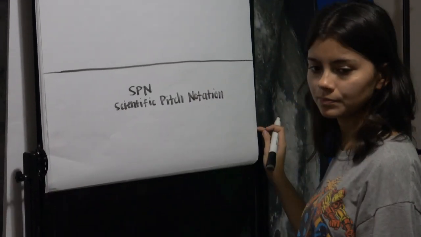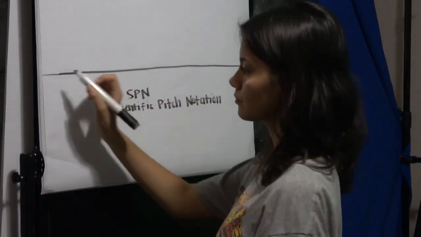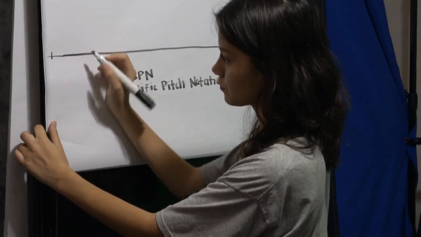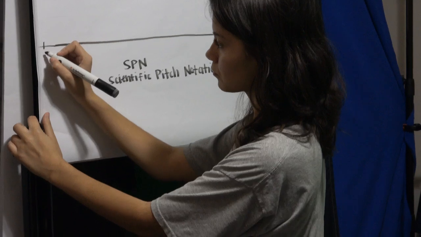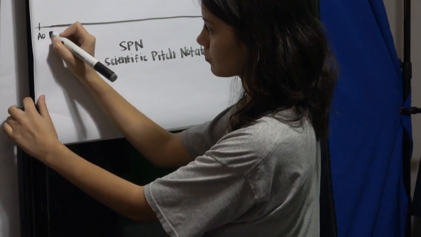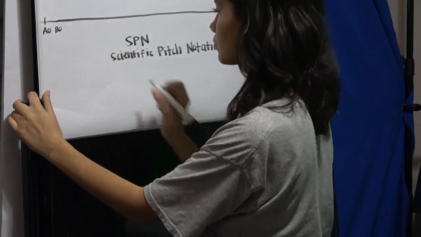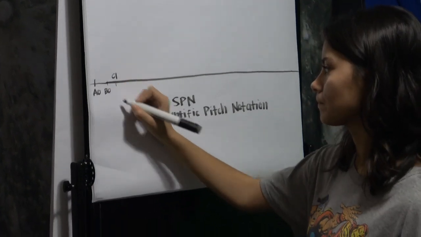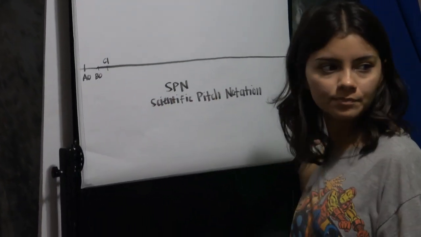Way down at this end now, make just a little tick for A0 and B0. Then we're going to start above the line with C1. Now listen very close.